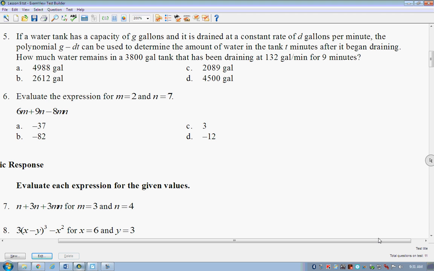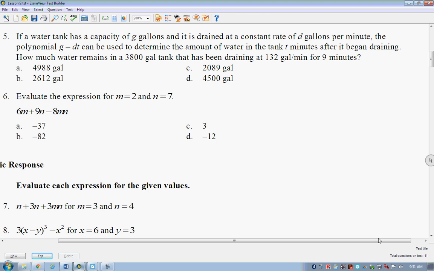How much water remains in a 3,800 gallon tank that has been draining at 132 gallons per minute for 9 minutes? So that seems like a really complicated question, right? Okay, that seems pretty tough.